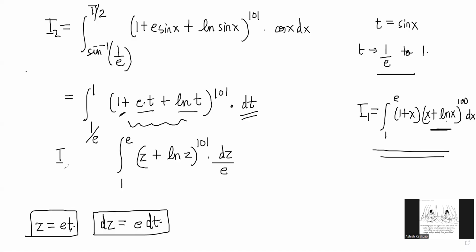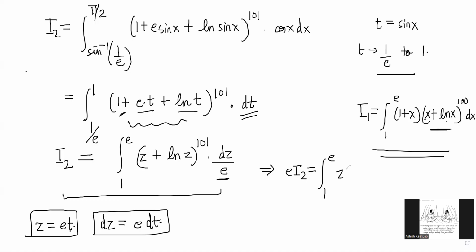So notice that now I have converted I2 and I2 starts looking very much like I1, right? And I can write this like this, e times I2 is equal to the integral from 1 to e. This e was a constant, it comes out and it can go on the other side. So e times I2 is the integral from 1 to e of (z plus ln z) whole to the power 101 dz, right?